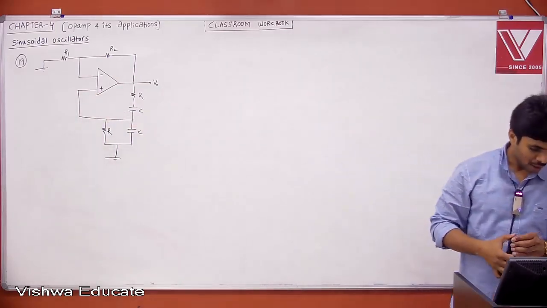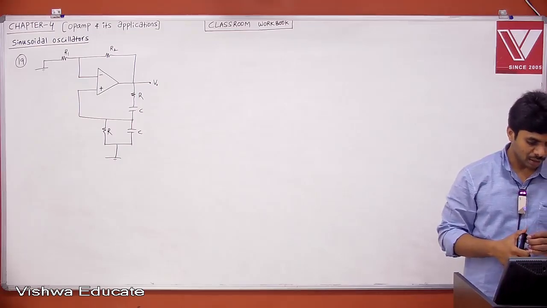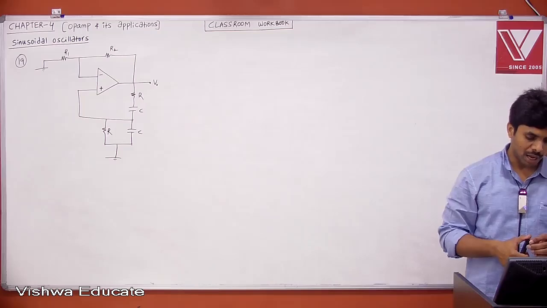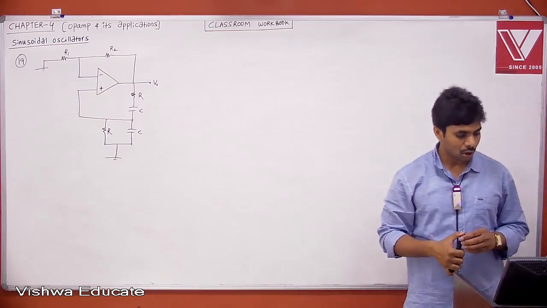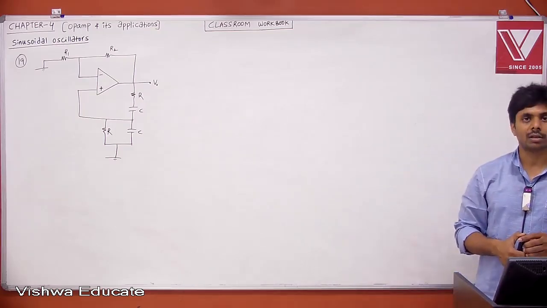What is the answer? Option A, precision integrator. Option B, Hartley oscillator. Option C, Butterworth high pass filter. Option D, Wien bridge oscillator. What is the answer?